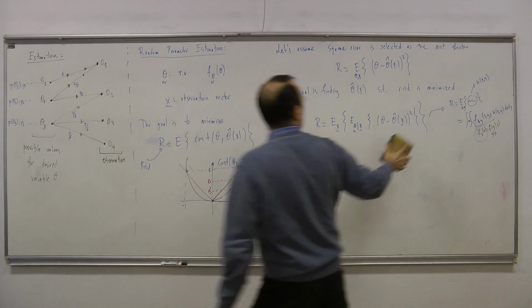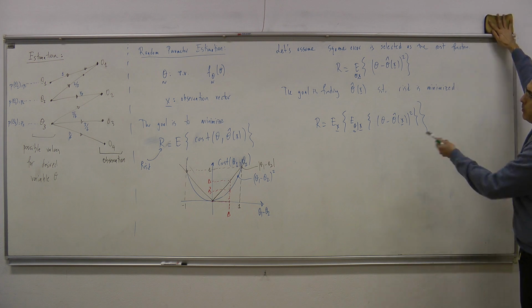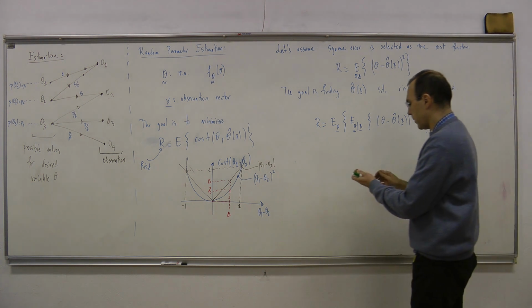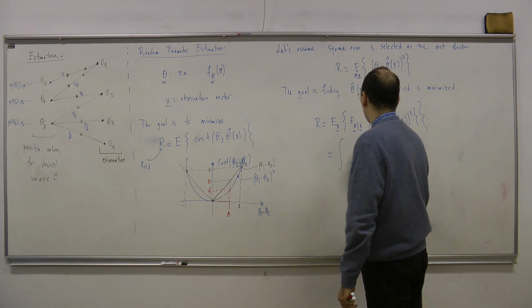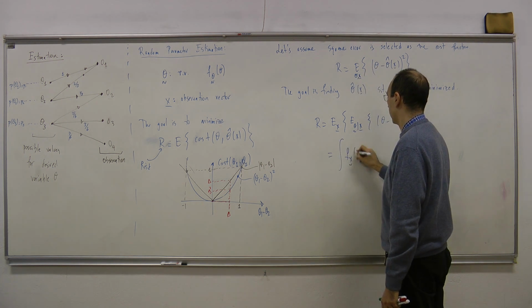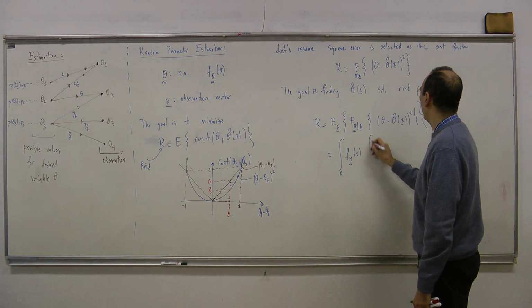So let me erase this, and let me try to write this in terms of expectations as I have already written. So this is the density of x, and I'm integrating with respect to x. How about this one?